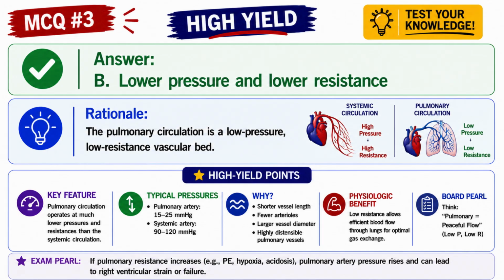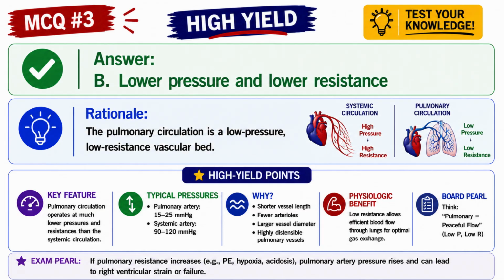Normal pulmonary artery pressures, systolic approximately 25 millimeters of mercury, diastolic approximately 10 millimeters of mercury, mean approximately 15 millimeters of mercury. Compare this to systemic pressures. Systolic approximately 120 millimeters of mercury, mean approximately 93 millimeters of mercury. The pulmonary artery systolic pressure is 1/5 of systemic systolic.